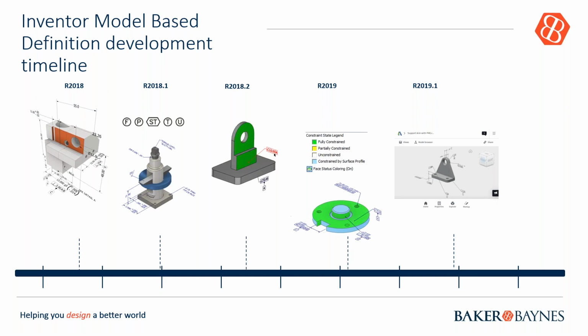What it did was allow us to be a bit more visual, so we could see, based on colors, certain aspects about constraints, the profile, and whether it's partially constrained or fully constrained. And in 2019.1, there were a bit more enhancements, where you could take that into a viewer and view it using the Autodesk online viewers. As we go along, we'll see the development into Inventor 2020 and what enhancements have been done in there.